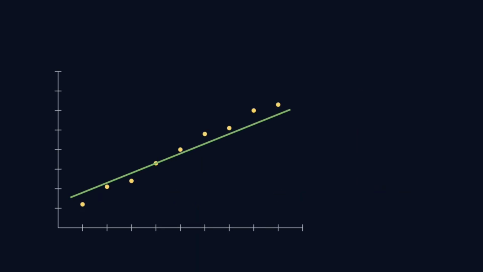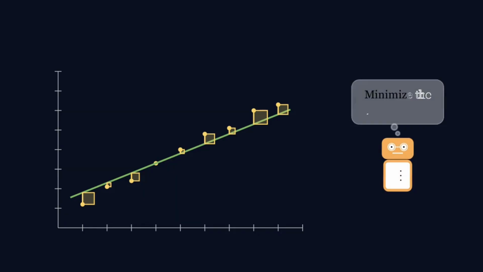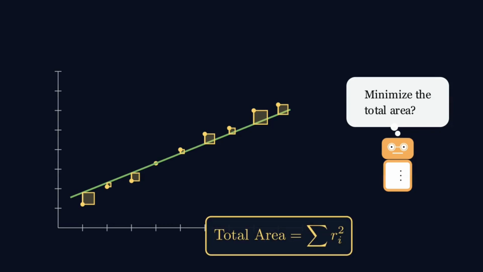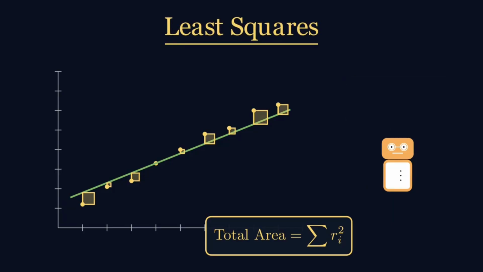So instead of minimizing the raw error, we ask a new question. Can we find a line that makes the total area of all these squares as small as possible? And just like that, we arrive at the idea hiding underneath linear regression, least squares.